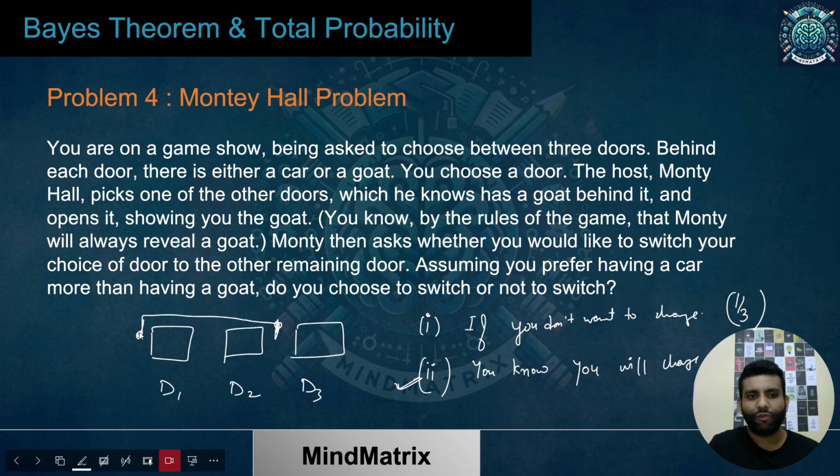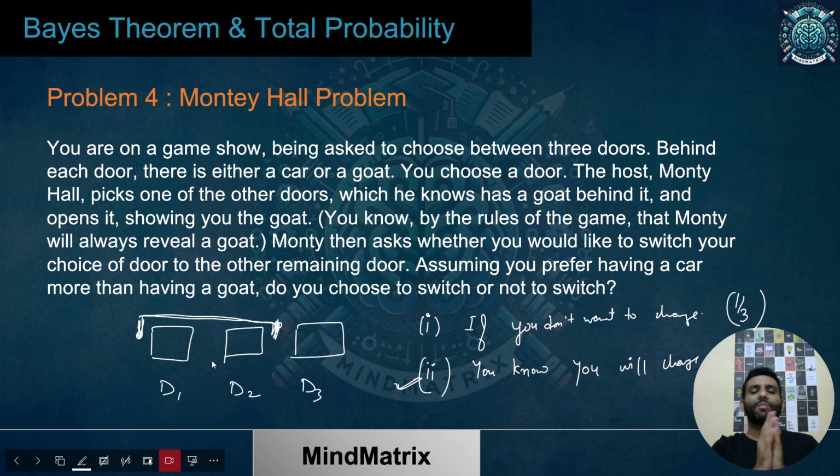I don't know which among these, but I know behind one of these two only there is a car. Okay, one option I have eliminated directly, that D3 may not have a car. I'm having confusion between D1 and D2 just because I know I will be getting a chance to switch.